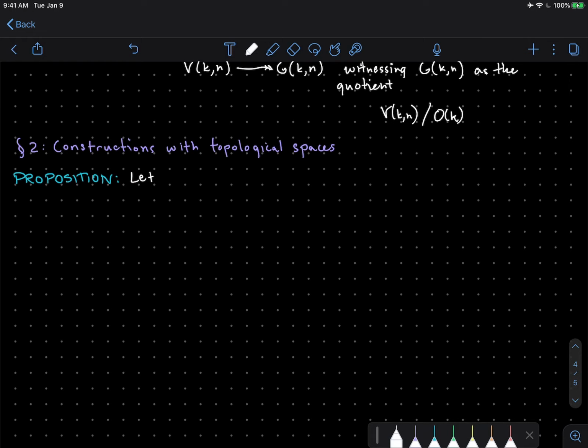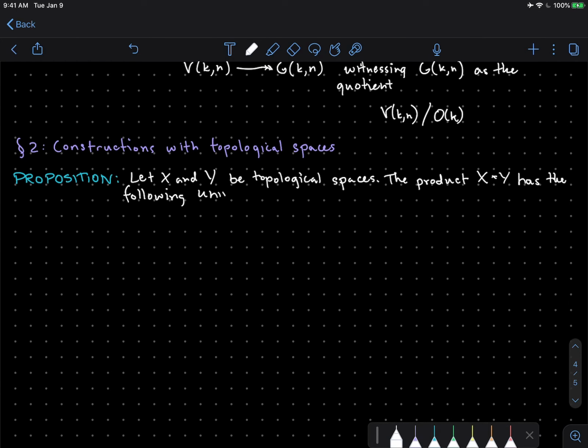Let's take two topological spaces X and Y, and we can consider their product. It has the following universal property.